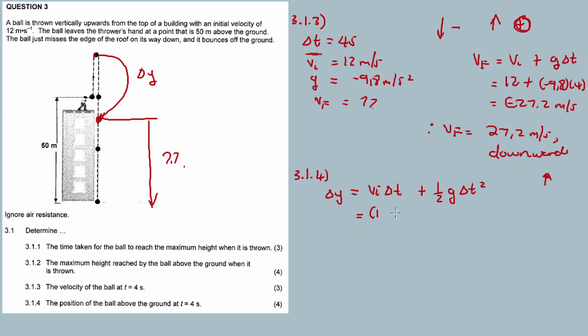So we say 12 times 4 seconds, plus 1 over 2 times g. What is g now? It's negative 9.8, and delta t is 4.